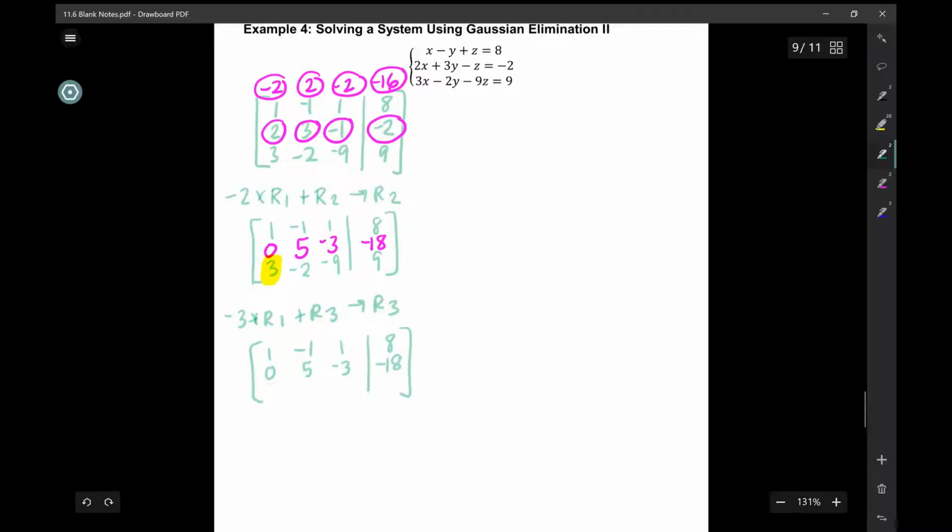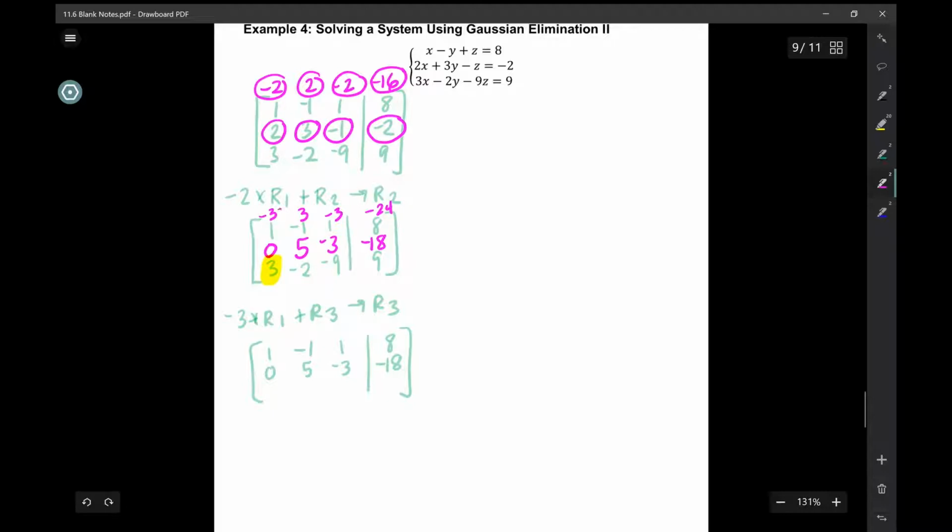So this time we're doing negative 3 times row 1. Negative 3 times 1 is negative 3. Negative 3 times negative 1 is 3. Negative 3 times 1 is negative 3. Negative 3 times 8 is negative 24.